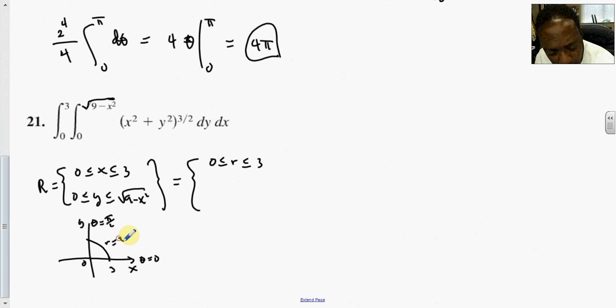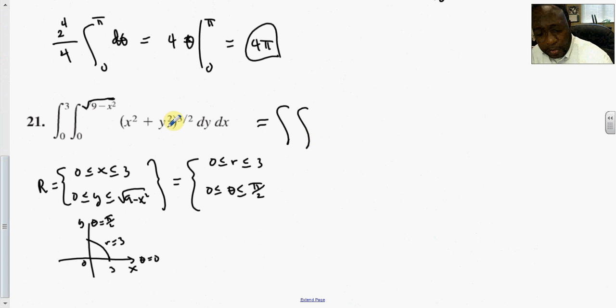The radius is equal to 3. So we say here, this is equal to, this x squared plus y squared is r squared, and that's raised to the 3/2 power times the r factor, dr d theta.